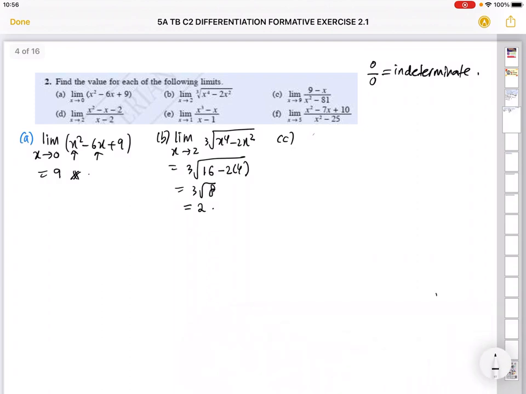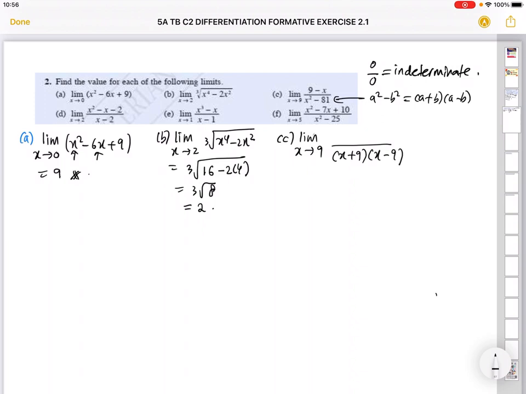So what to do in the event that you get 0 over 0? This is what we have to do. We have to simplify by factorizing. So here we cannot sub in the limit yet. We have to factorize this. Now for me, I can see that my denominator is in the form of a squared minus b squared, where I can factorize to (a plus b)(a minus b). So this will be (x plus 9)(x minus 9).